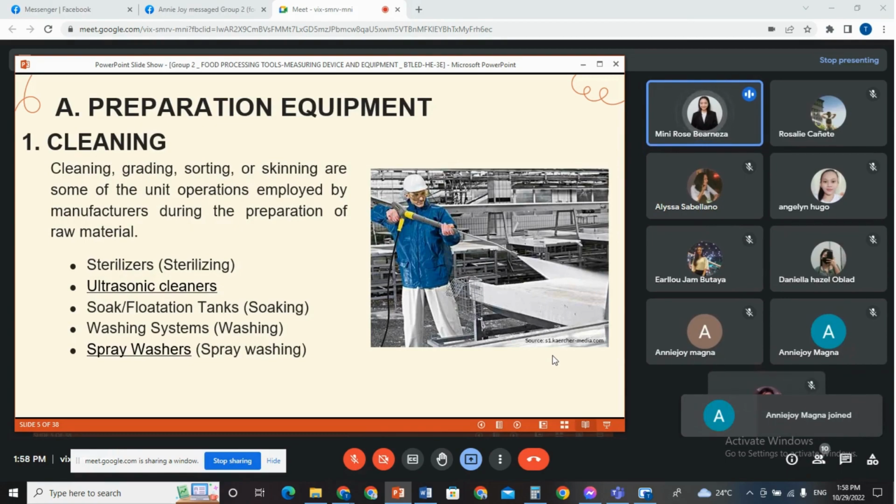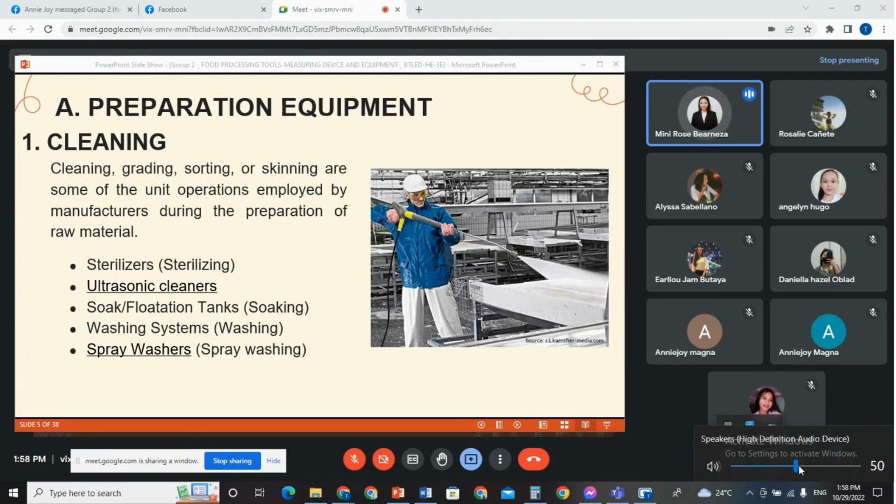Cleaning, grading, sorting, or skinning are some of the unit preparations employed by manufacturers during the preparation of raw materials. This cleaning is the wet cleaning.